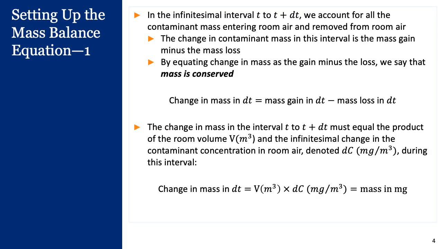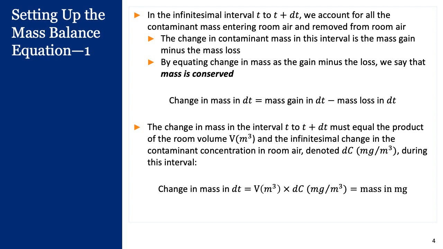Now we set up the mass balance equation, and you might have to dig far back into your calculus training, and this will come back to you. The way we set it up is that we can consider a very small infinitesimal interval of time from t to t plus dt. In that time instant, we account for all the contaminant mass entering the room air and that is removed from the room air.